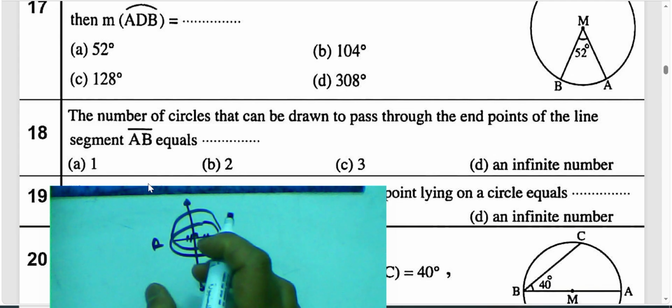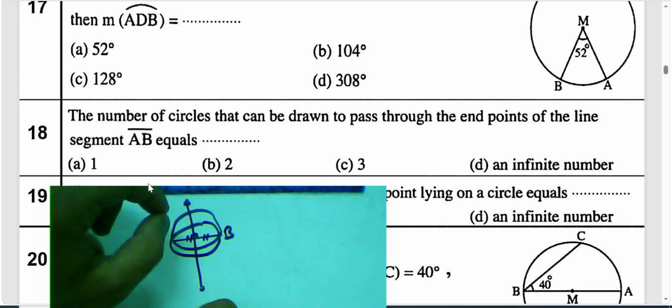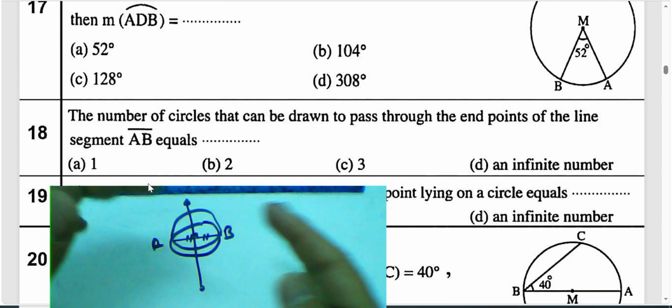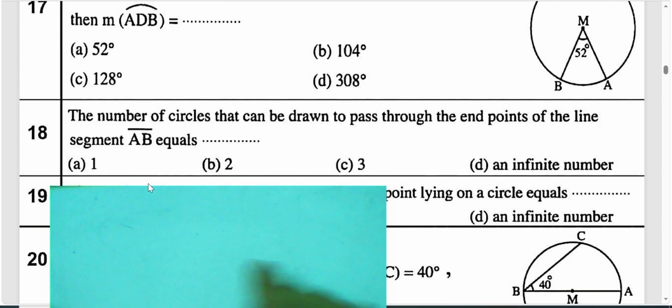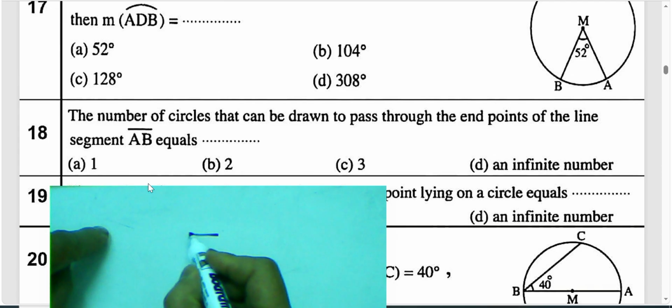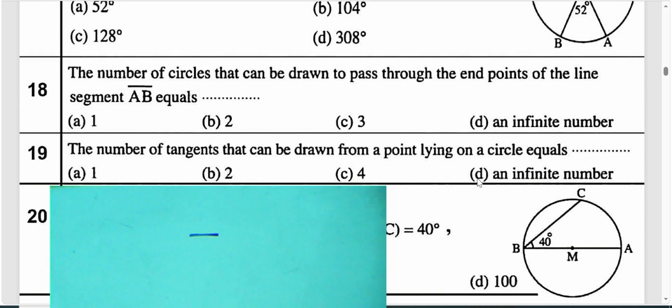It means the centers of all circles which pass through the two points A and B lie on the axis of symmetry of this line segment. So we have an infinite number of circles passing through 2 points. Choose letter D. Next question.